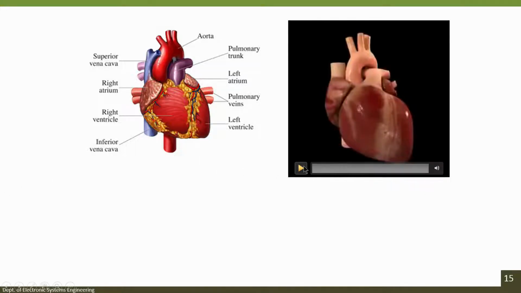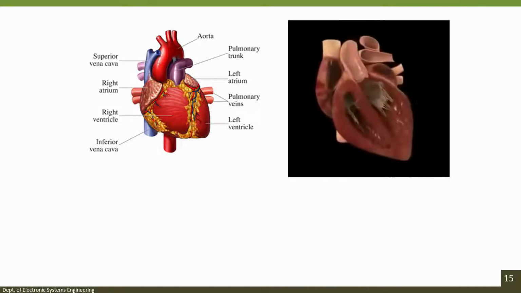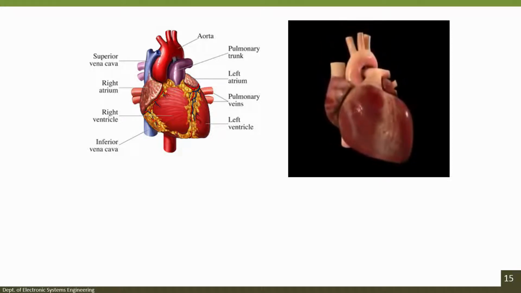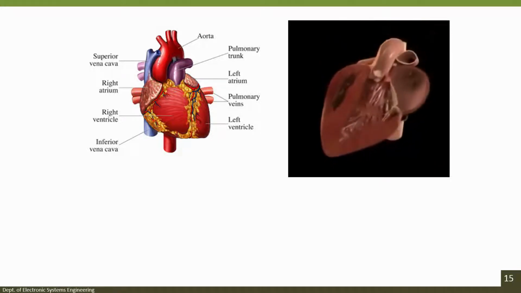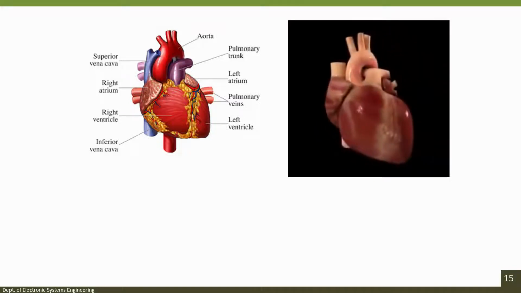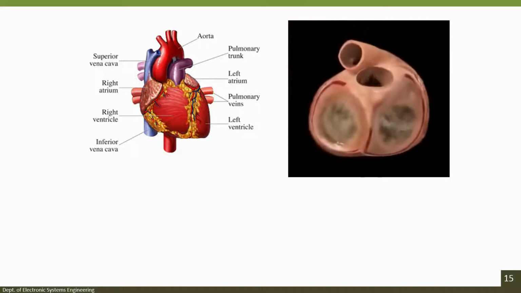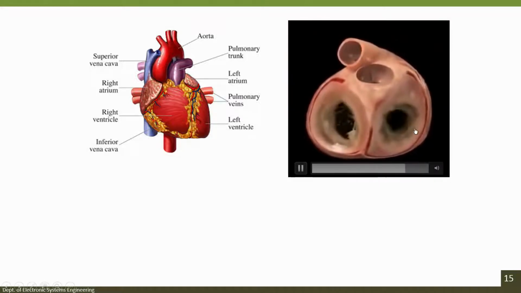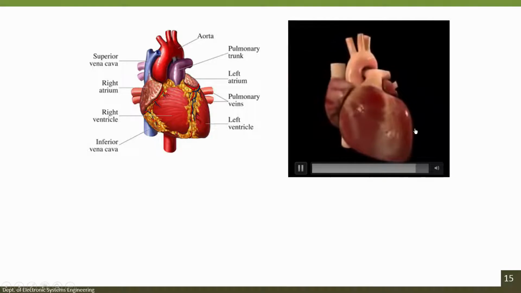And if you see the heart, this is how we have learned the physiology, where we have the inferior vena cava, ventricles, left ventricle, right ventricle, right atrium, left atrium, pulmonary trunk, aorta, and superior vena cava. But as you can see here, this is how the actual heart looks. The heart that you draw and the heart that you see are very different.